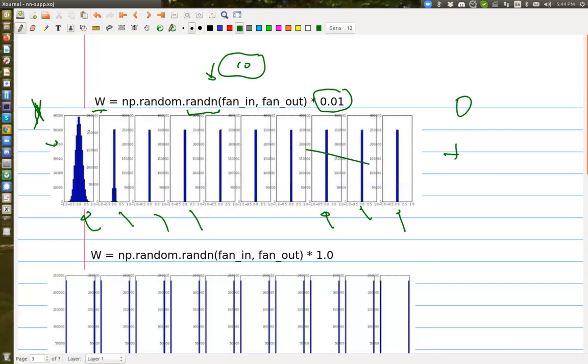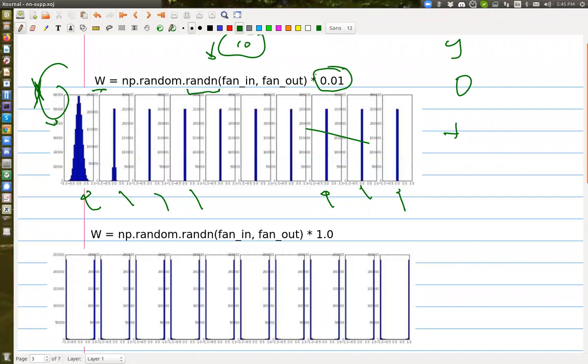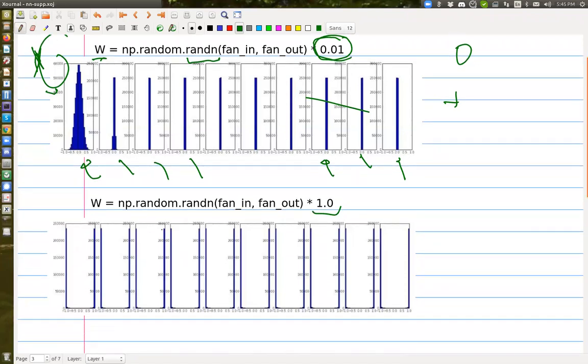Of course, if I have input here and the output is zero, then there's no way I can fit my desired output, let's say Y here, right? So then maybe we want to increase the size of the parameter, let's say to one. In this case, of course, I'm using sigmoid here, so everything just gets saturated.